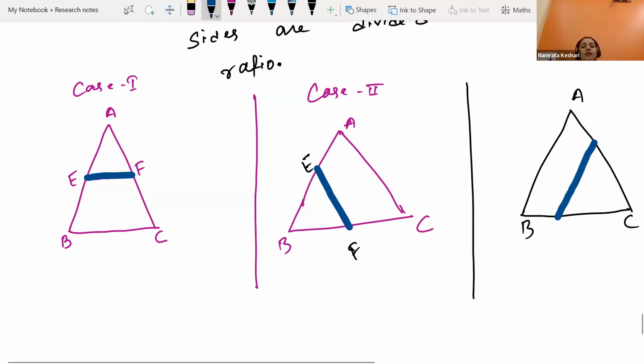Again, I am calling them E and F. Getting it? So far, is it clear?